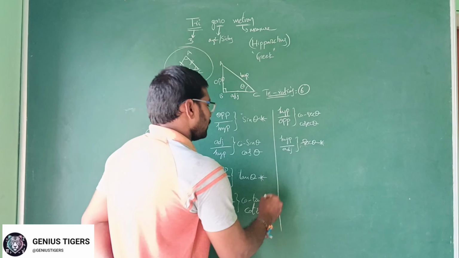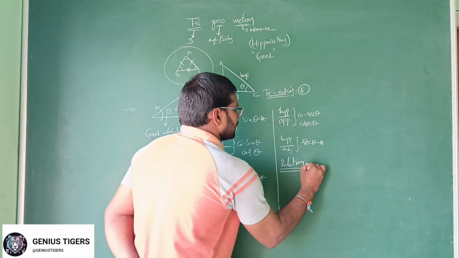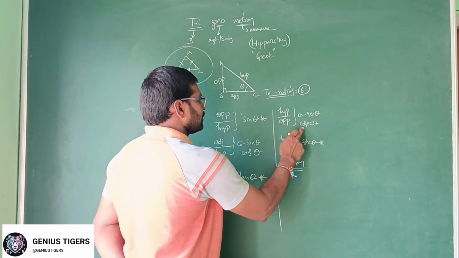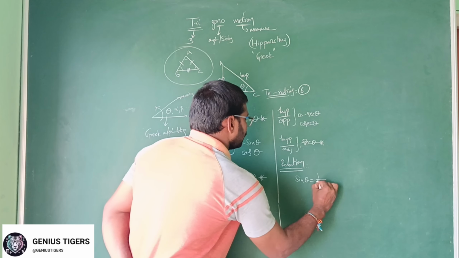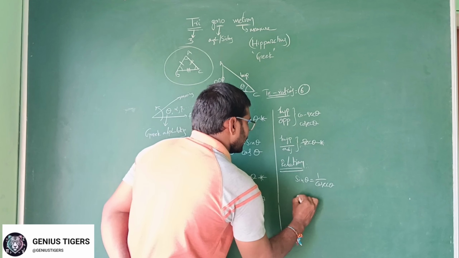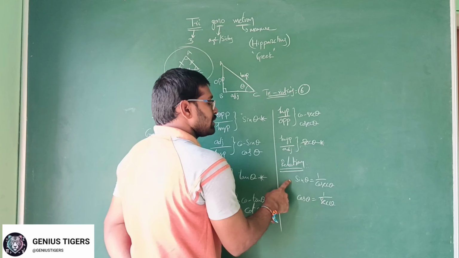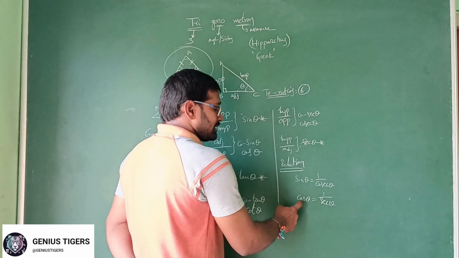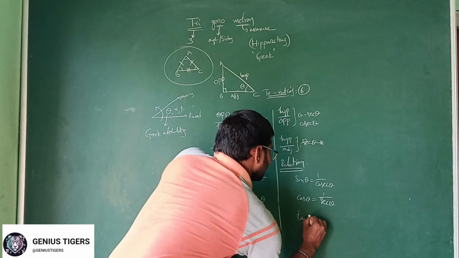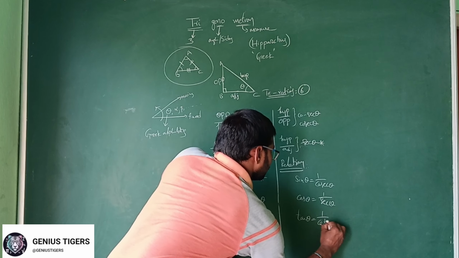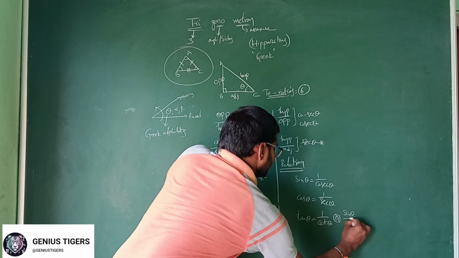What are the relations? Observe that sin theta and cosecant theta are reciprocals. Sin theta equals 1 by cosecant theta, cos theta equals 1 by secant theta. Then you can write cosecant equals 1 by sin, secant equals 1 by cos. Tan theta equals 1 by cot theta, or sin theta by cos theta.